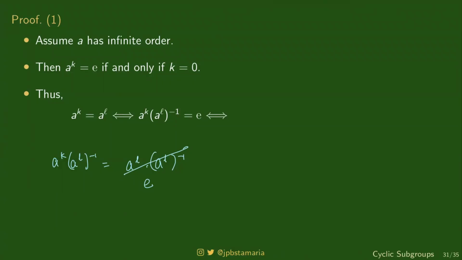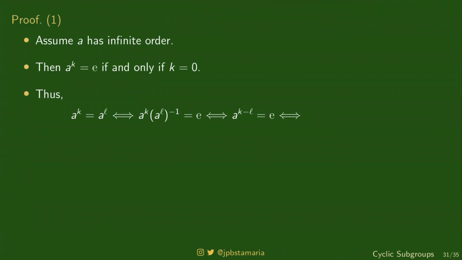Tapos, laws of exponents will be applied on the left side of the equality. Magiging a to the k minus l siya. Paano naging a to the k minus l? Yung a to the l to the negative 1, or inverse, is a to the minus l. Tapos laws of exponents, add mo yung exponents: a to the k minus l. Okay?